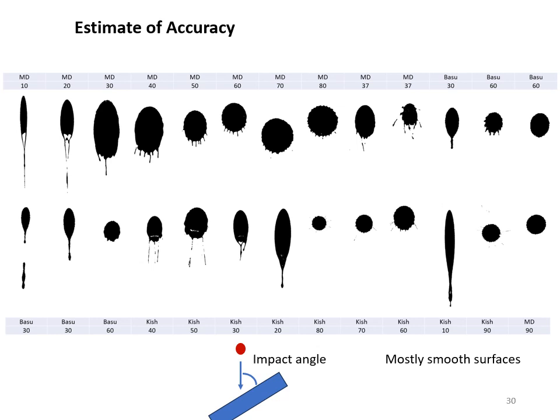And then Paul Kish, who also wrote a textbook on BPA, has done similar things. So I produced a file with all those pictures. The impact angle was known. I also used the dataset by Basu. He worked with somebody you might know, Silke Brødbæk, and they produced a dataset of stains also on rough surfaces, because it's harder to estimate the impact angle on rough surfaces.